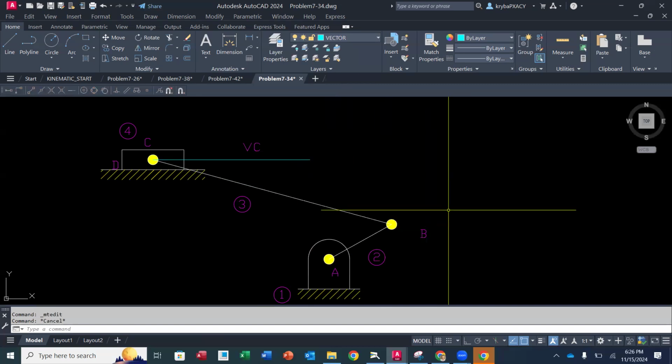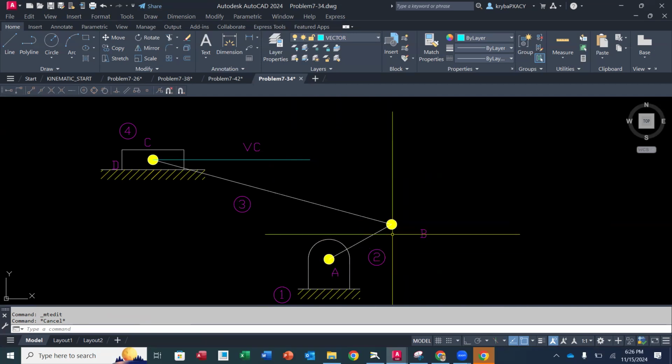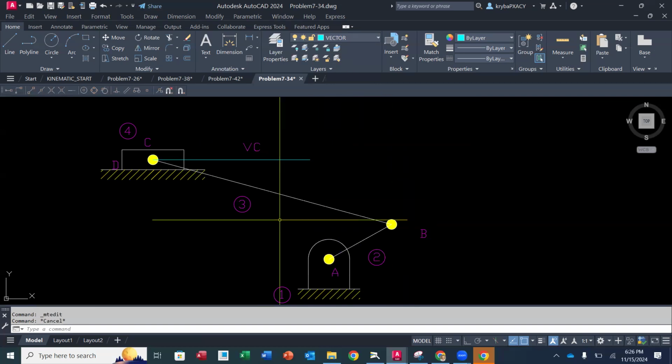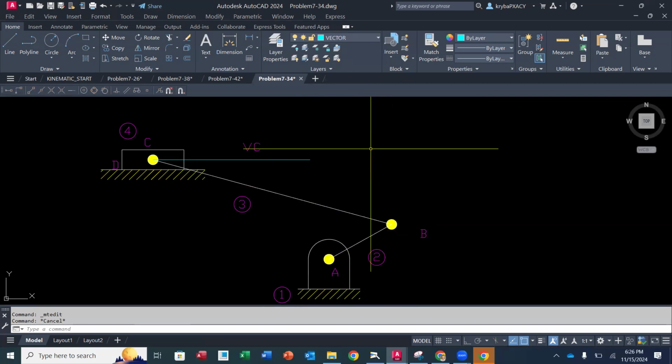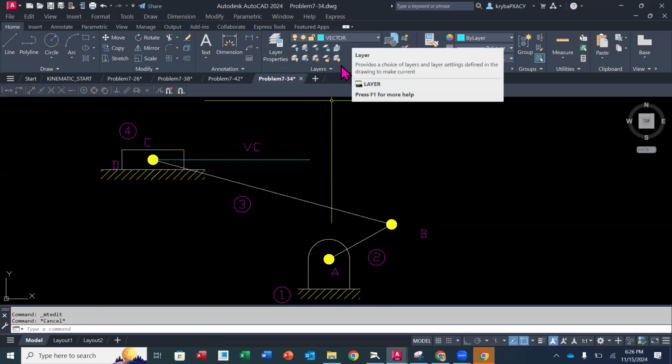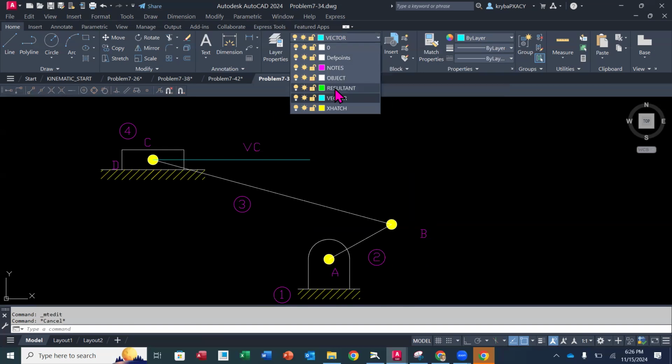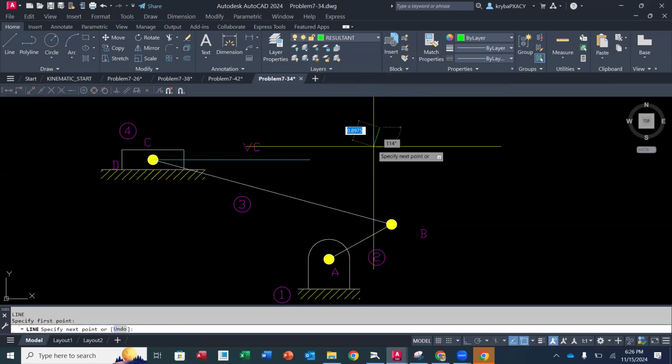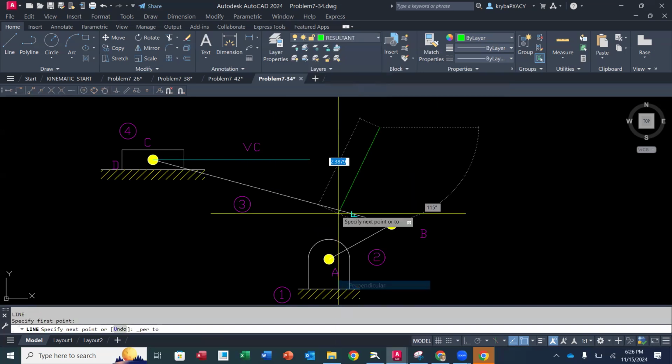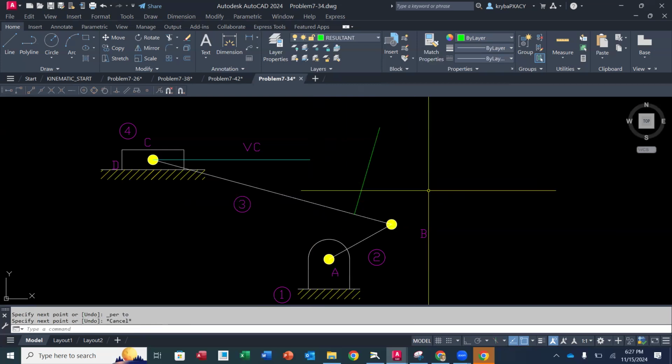So I'm anticipating my velocity at C is going to be pointing to the right. Now, we know everything about the crank as far as how fast it's rotating, so we'll be able to calculate the magnitude of B, and then we'll also know the direction perpendicular to link number 3 is going to be for the velocity of C relative to B. So let me put that direction in place, perpendicular. There we go.